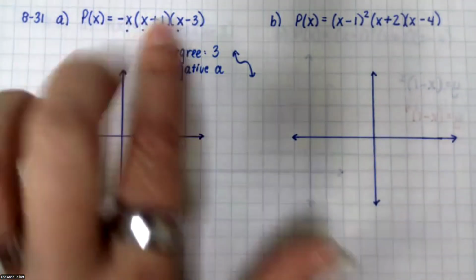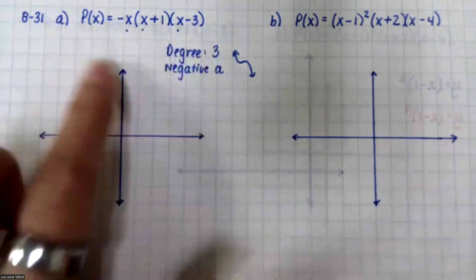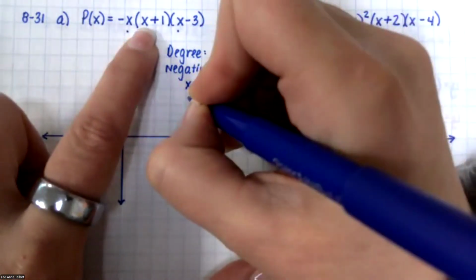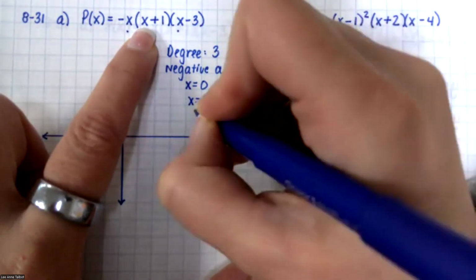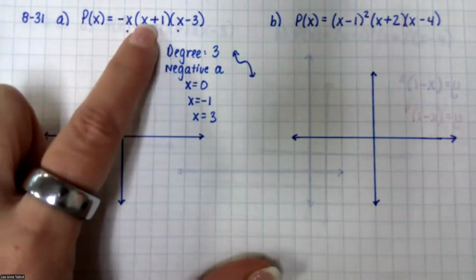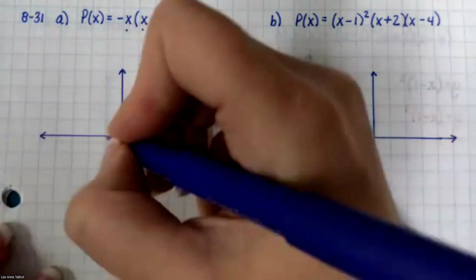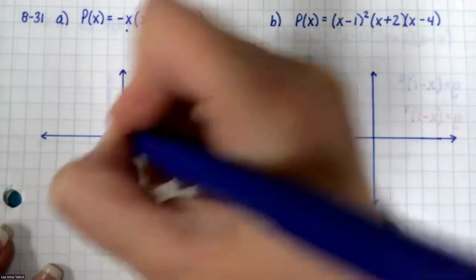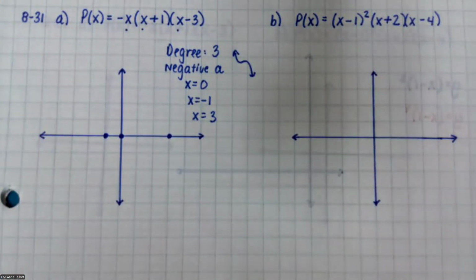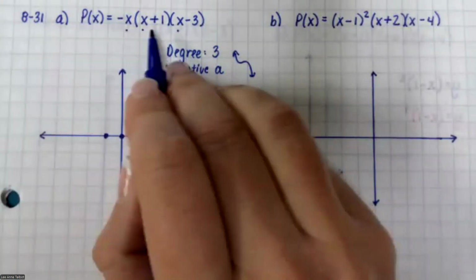Okay, then I would say, I can graph all 3 of these dots. This one is 0. This one is -1. This one is 3. 0, -1, 3. They're all single roots.